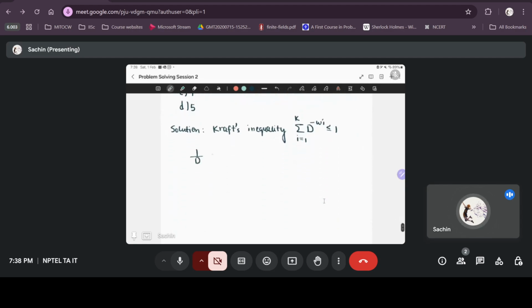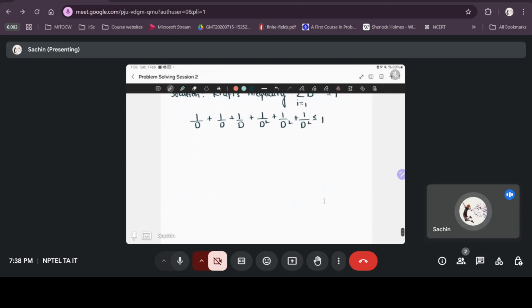So 1 over D plus 1 over D plus 1 over D plus 1 over D squared plus 1 over D squared plus 1 over D squared must be less than or equal to 1, which is 3D plus 3 less than or equal to D squared, or D squared minus 3D minus 3 greater than or equal to 0.